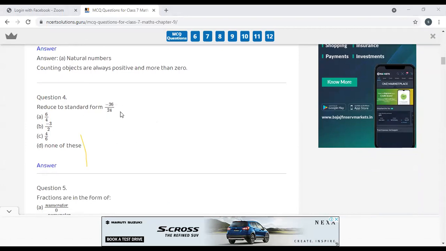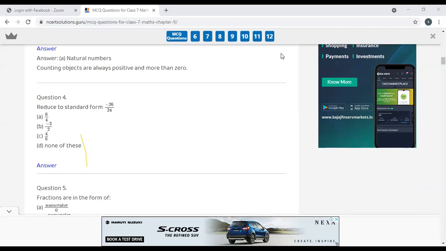Solve this, reduce to the standard form. Can you tell me another name of standard form? Yes, Jasleen? Simplest form. The other names of standard form are lowest form, reduced form, simplest form. So cancel it out and the answer will be minus 3/2.